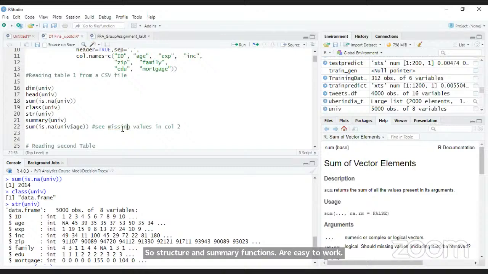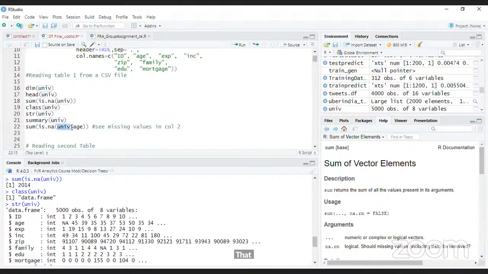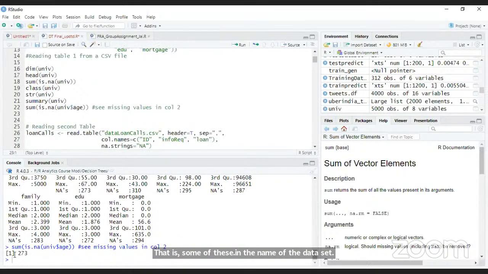Or if you want to look at a particular column and find the number of missing values in the column, we can write this simple function: sum of is.na, the name of the data set, dollar, the name of the column. If you execute, we get 273 cells in the age column are missing.